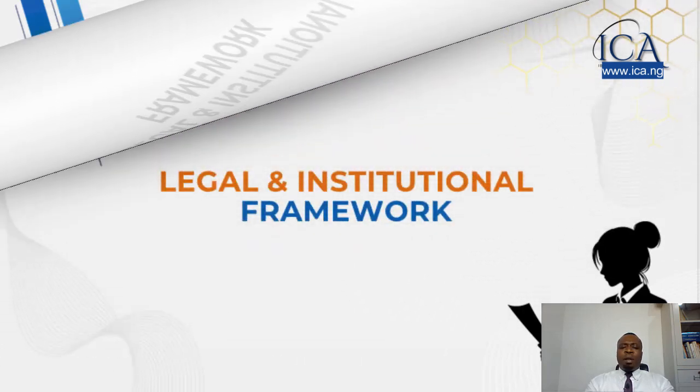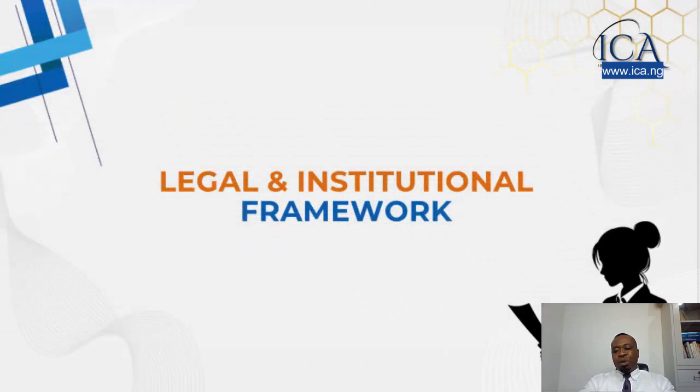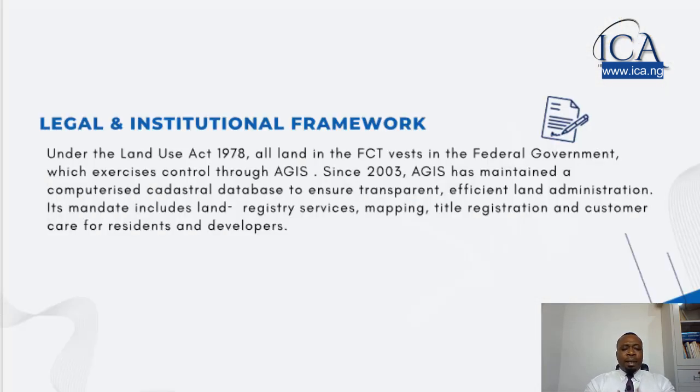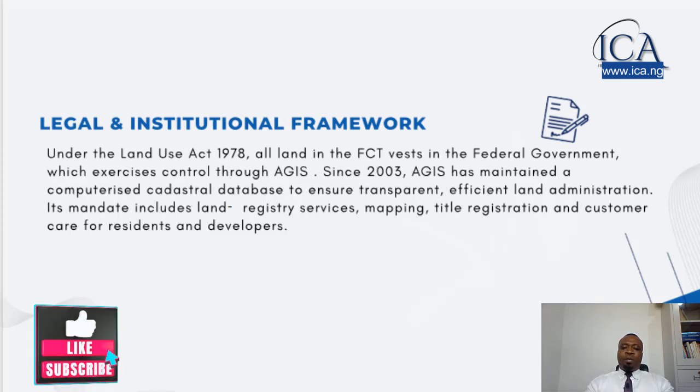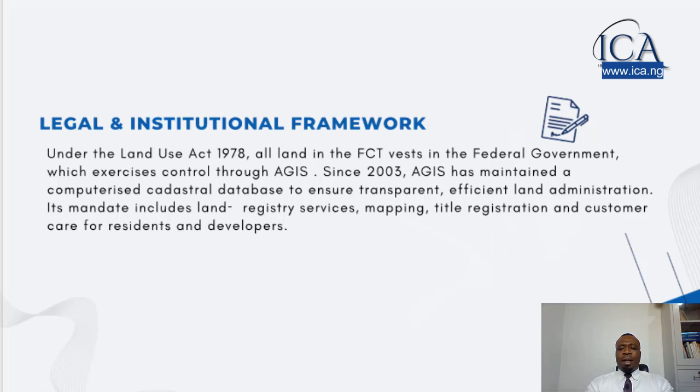Okay, let's now take a look at the legal and institutional framework that guides the operation of the Land Use Act. Under the Land Use Act of 1978, all land in the FCT vests in the federal government, which exercises control through AGIS.